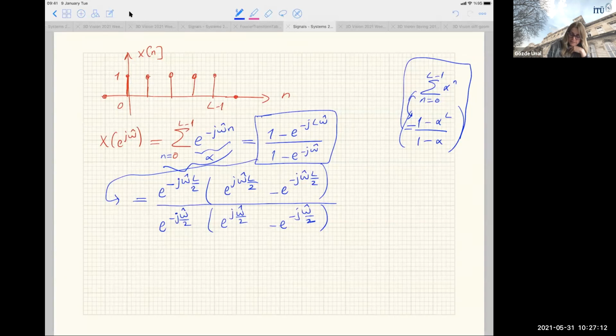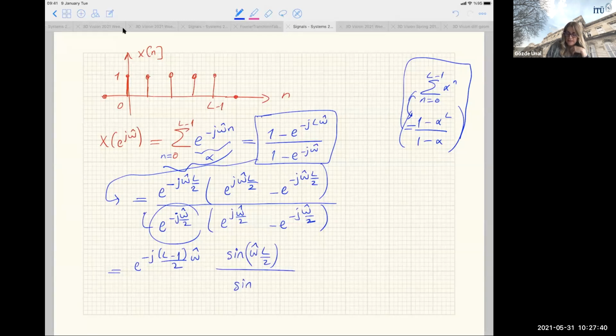Now, from here, I can come up with e to the minus j, so I'll take this up, L minus 1 over 2 omega hat, right? This is the thing together. And the numerator is a sine omega hat L over 2. The denominator is a sine omega hat over 2. This is it, okay?